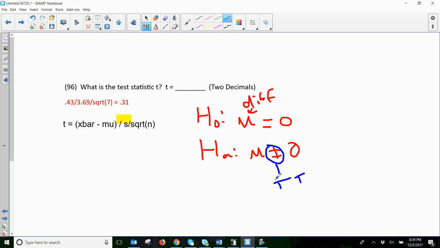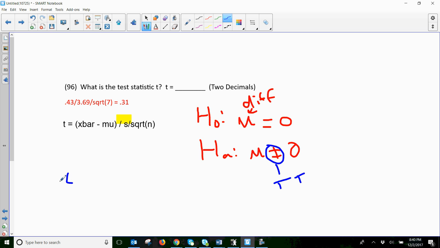All right. So the test statistic is x bar, which we just calculated. Let me pull that up. All right, so x bar, the mean difference, was 0.43.